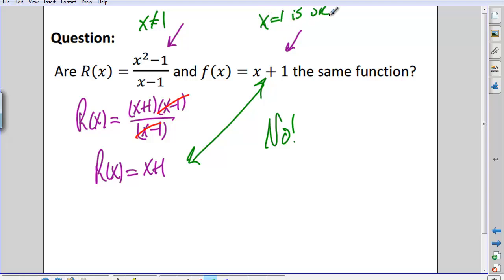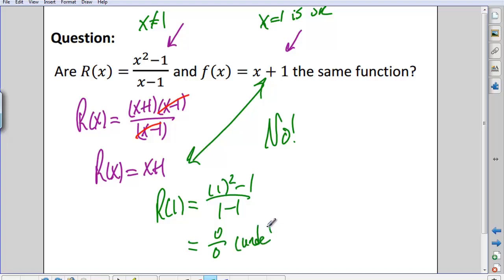Okay, we can kind of prove that to ourselves. If those two functions are the same, for every x value they should give the same value. But r of 1 is 1 squared minus 1 over 1 minus 1, which is 0 over 0, or undefined. f of 1 is just 1 plus 1, which is 2.